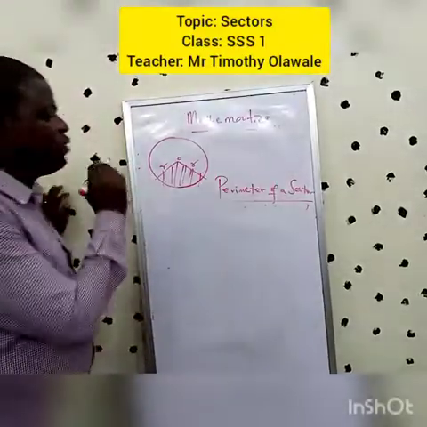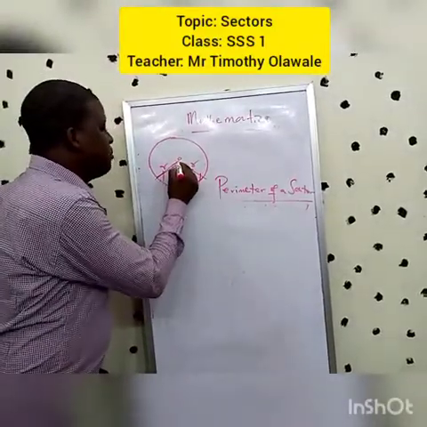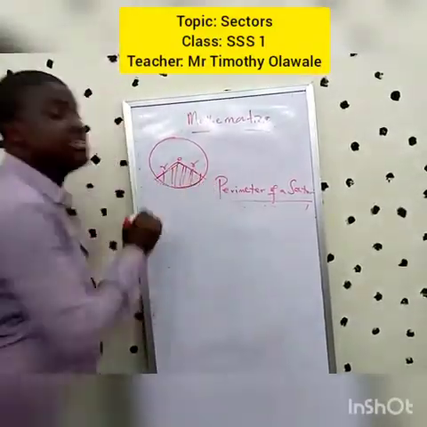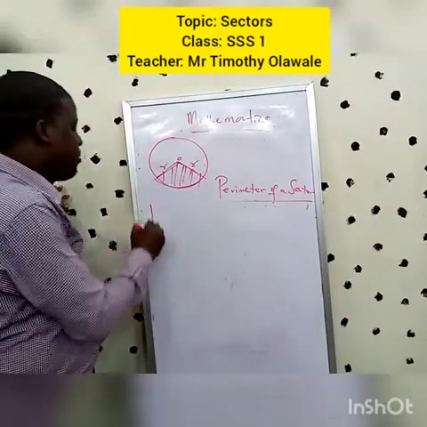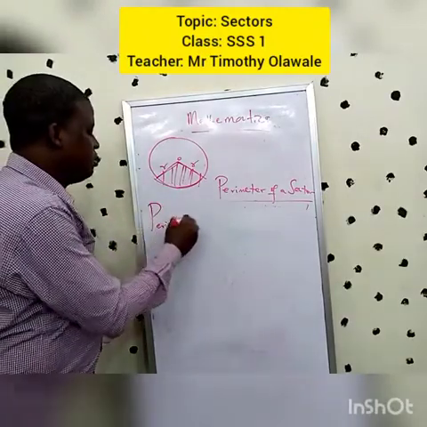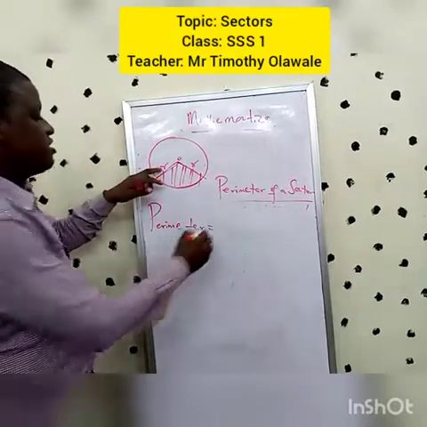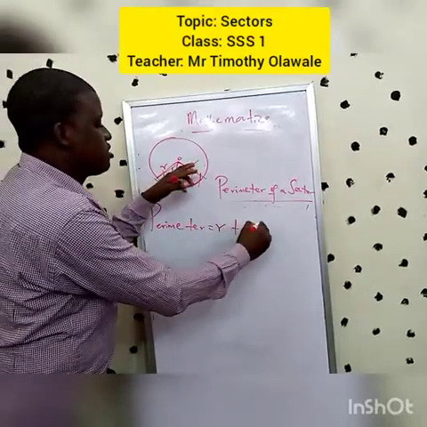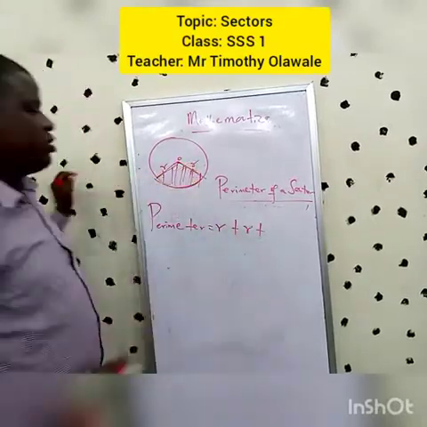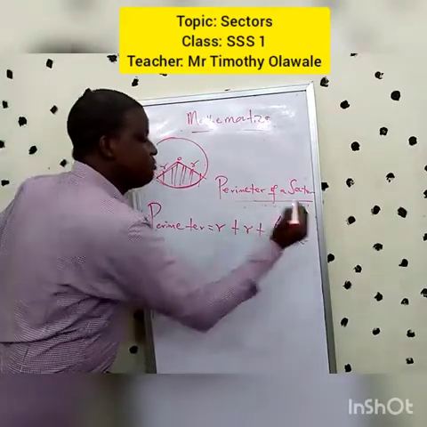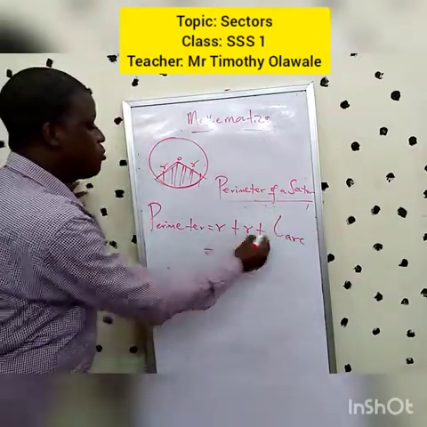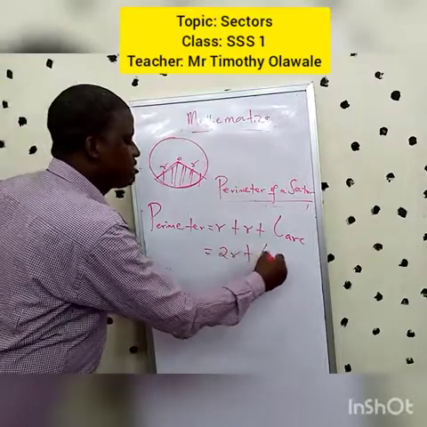So the perimeter of this sector would be this side plus this side plus this side. Perimeter equals this radius plus this radius plus the length of an arc. That will be r plus r is 2r plus length of an arc.